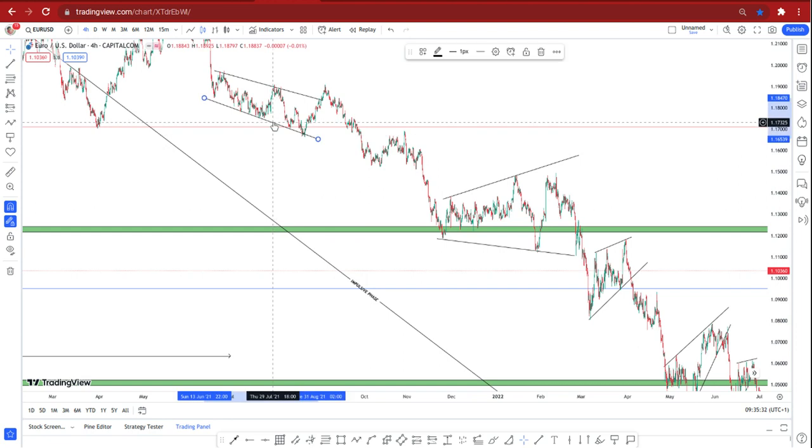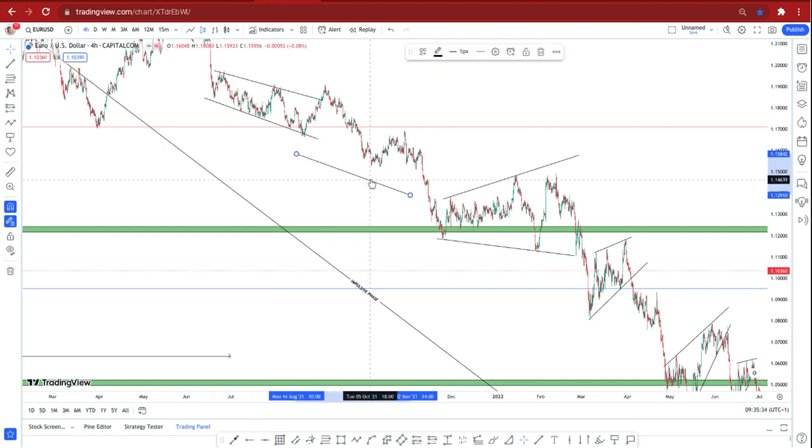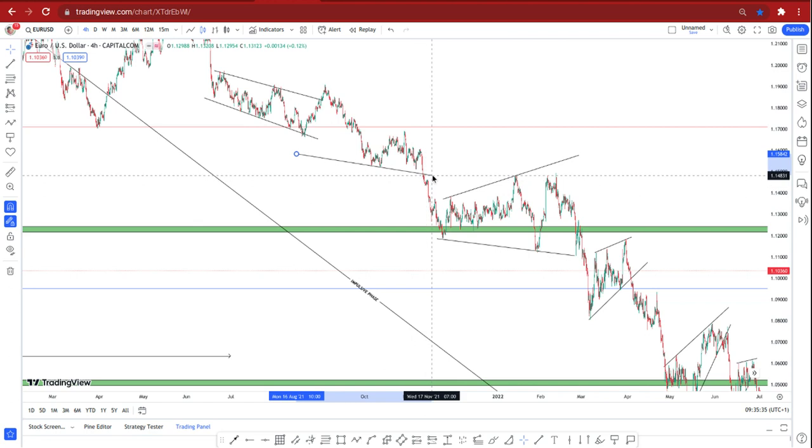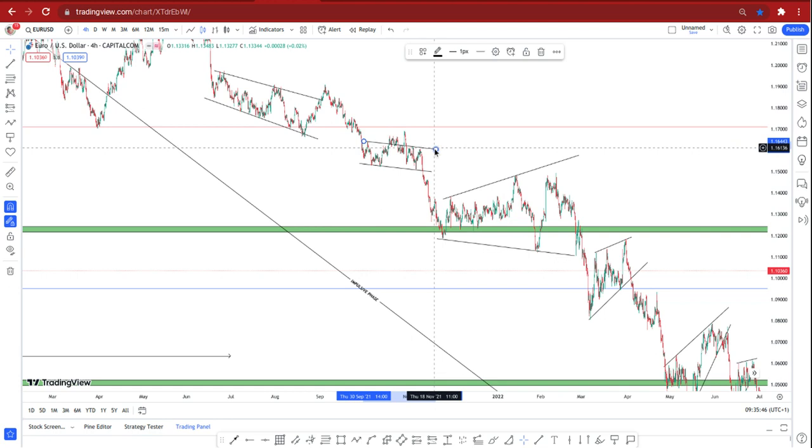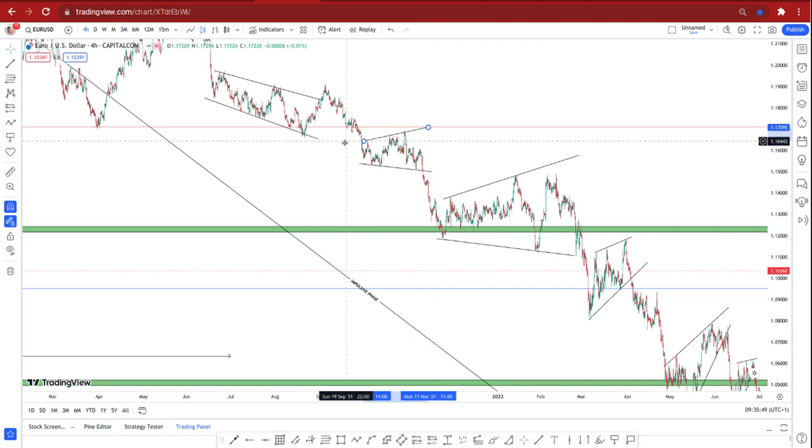Okay, so I think this is another correction zone. You can see that I only spot this on the 4 hour. I didn't spot it well on the higher time frame. So I think market used this high, and market did something like this, which is a flag pattern.